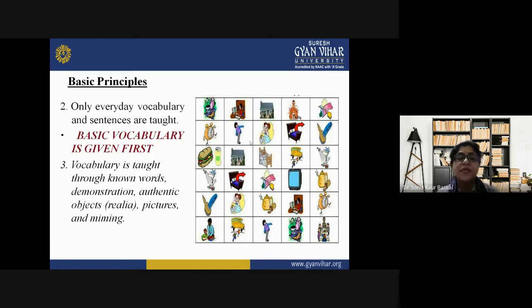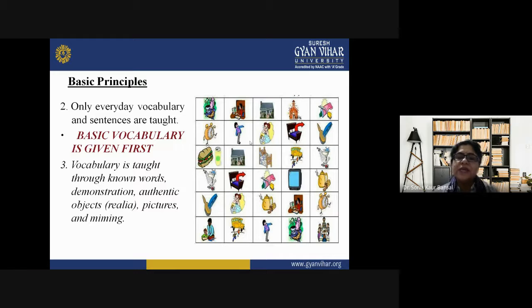Vocabulary is taught through known words, demonstration, authentic objects, realia, pictures, and miming. You can see there are so many pictures given in my presentation, and these are some basic things: clock, dress, comb, chair.